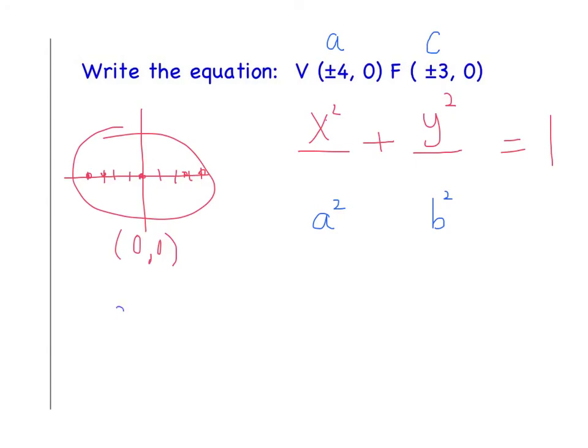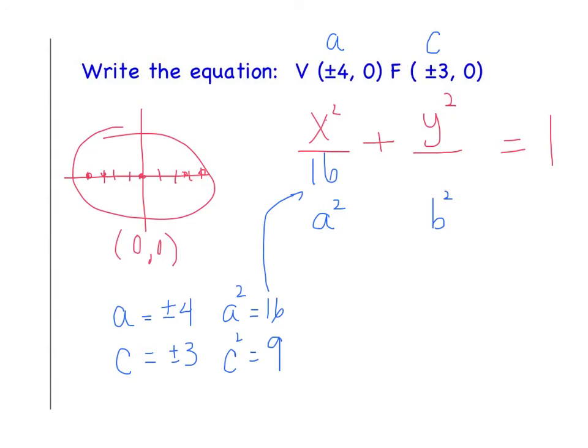So if A is plus or minus 4, then A squared is going to be 16. If C, sorry, not B, C, I don't know B yet. If C is plus or minus 3, then C squared is going to be 9. So far I know A squared, that's 16.